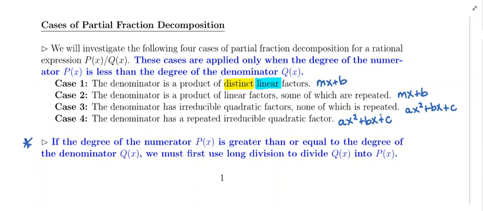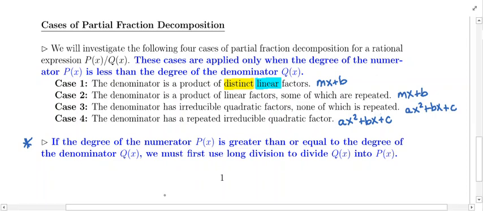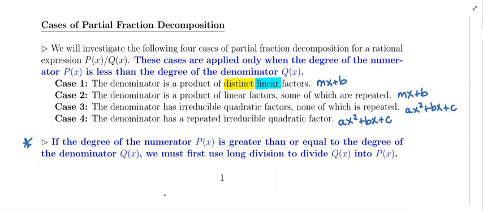Okay, so now let's switch gears and talk about what happens if the degree of the numerator is bigger than or equal to the degree of the denominator. That's this last statement in blue. If the degree of the numerator p of x is greater than or equal to the degree of the denominator q of x, you first have to use long division to divide q of x into p of x.